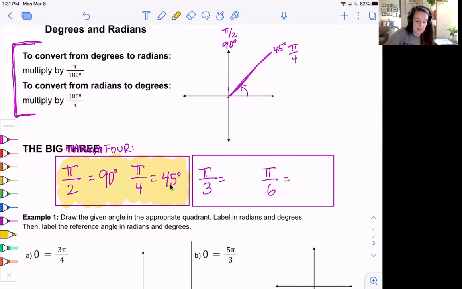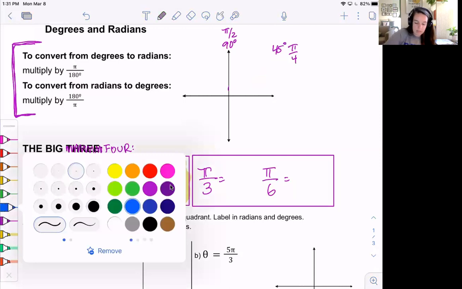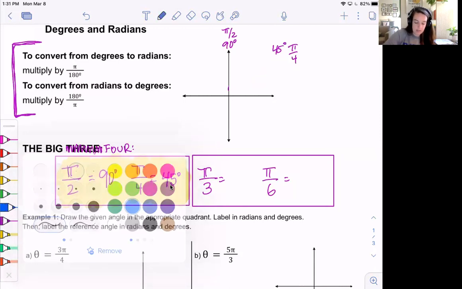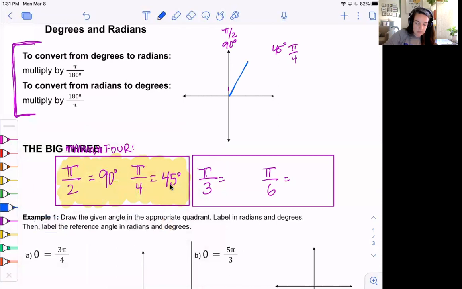If we want to break them up in a slightly different way, we could talk about thirds. If I split this into thirds like this, I have 1/3, 2/3, 3/3. You can imagine 180 split into thirds, and each of these is 60.